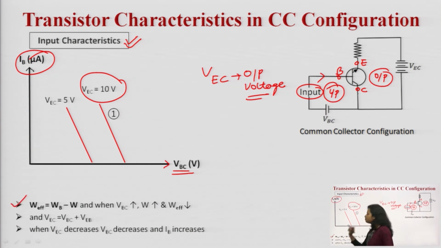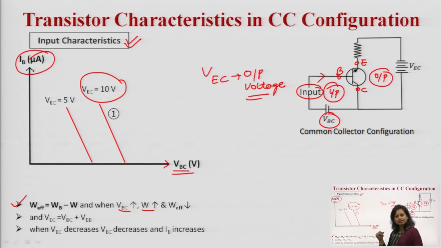From the concept of base width modulation, we understand this particular equation. When VBC is increased, the depletion layer width will increase, meaning the portion of the depletion layer in the base region will increase and W effective will decrease. At the same time, you know VEC is VBC plus VEB.